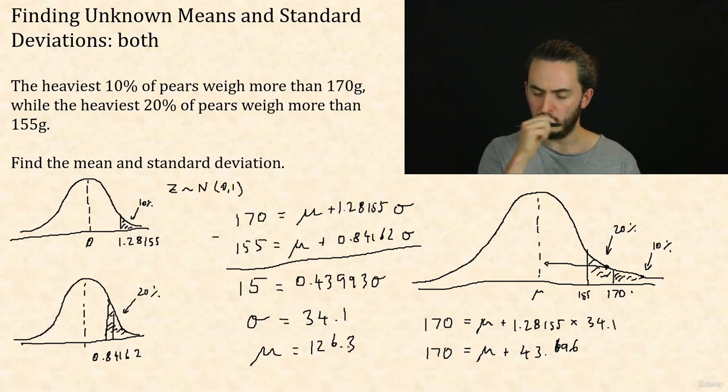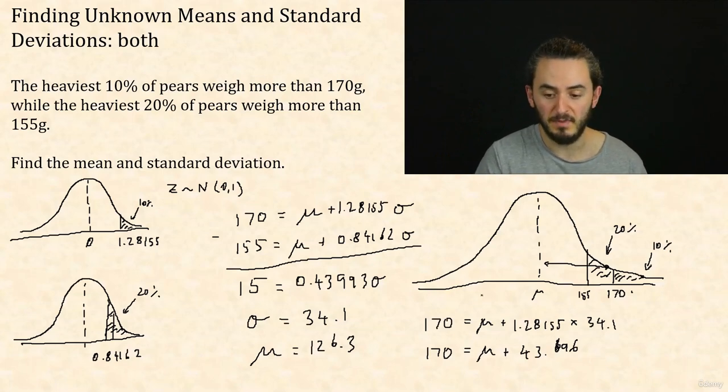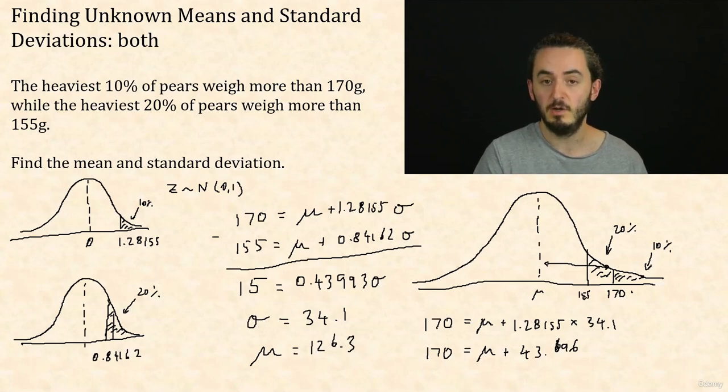So once again, you want to just check it makes sense. Were we expecting a mean to be around that? Well, sure, because look, we've got the top 10% are bigger than 170 and the top 20% are bigger than 155. So we would expect the average to be below that.